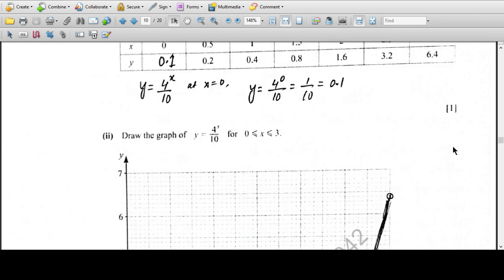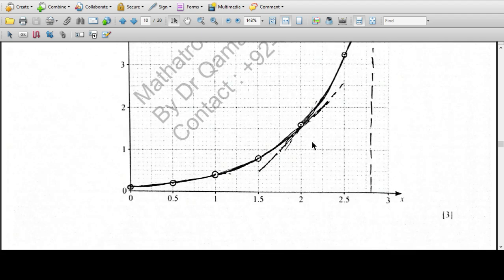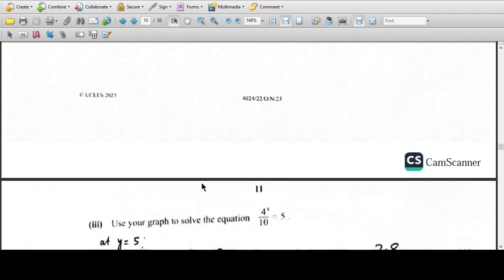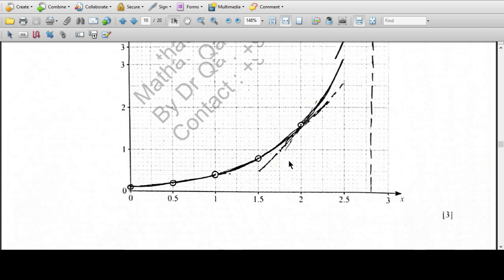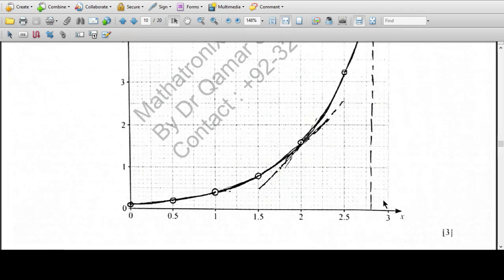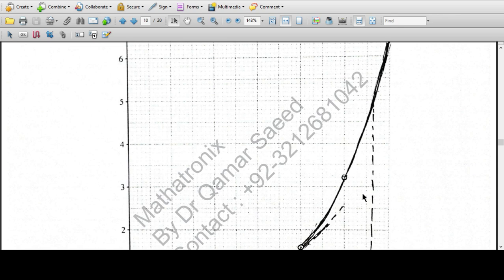Now we have drawn this graph, and use your graph to solve the equation 4 power x divided by 10 is equal to 5. So we draw a line at y is equal to 5.